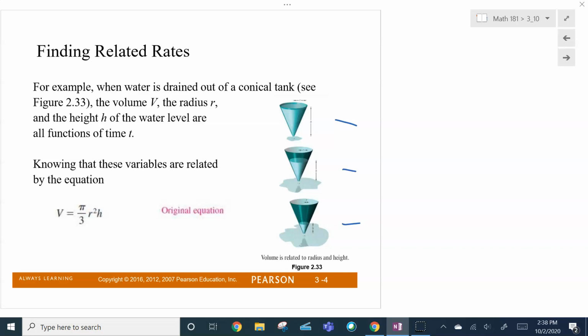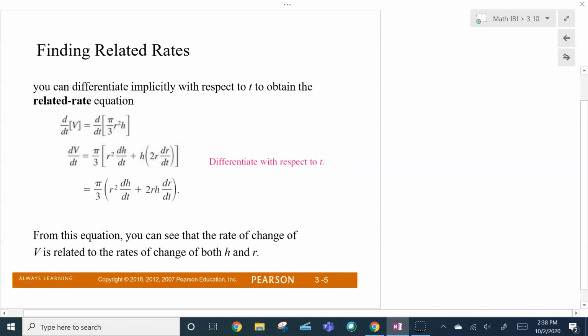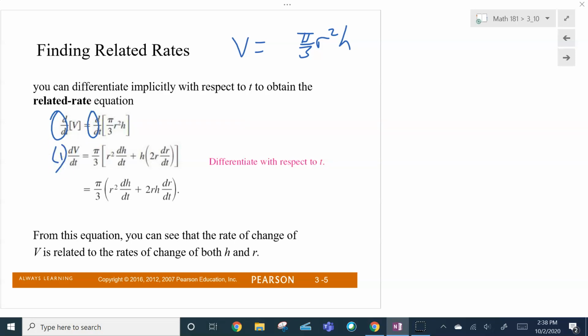You can differentiate this with respect to t, both sides. So volume equals pi thirds r squared h, and we're taking d dt on both sides. The variables disagree, so you get the derivative of v is just dv dt.